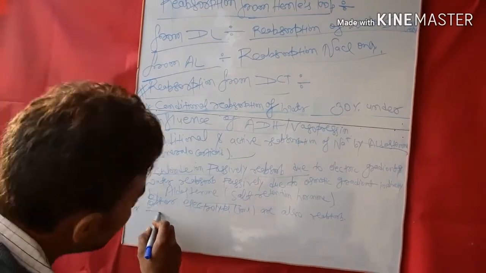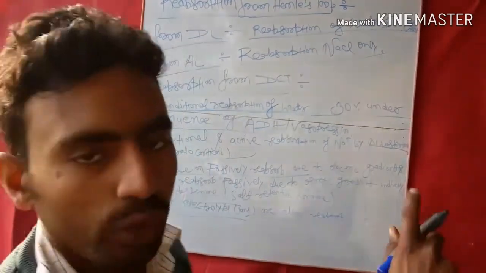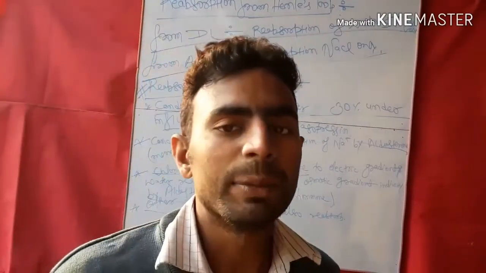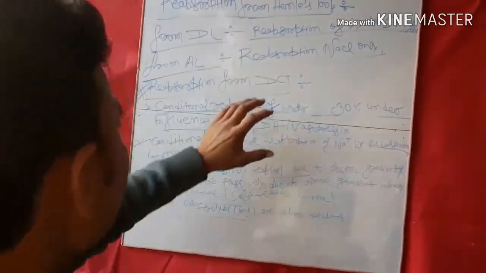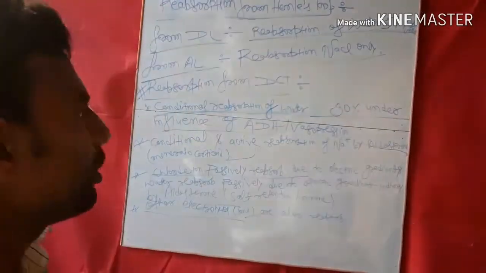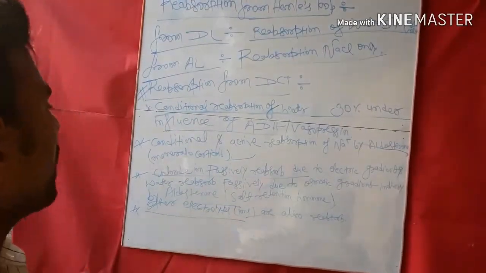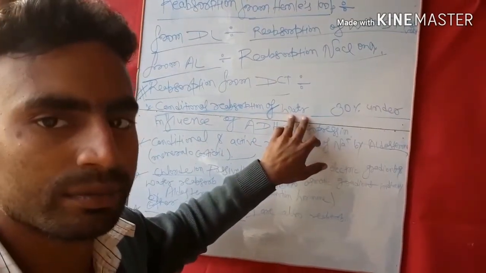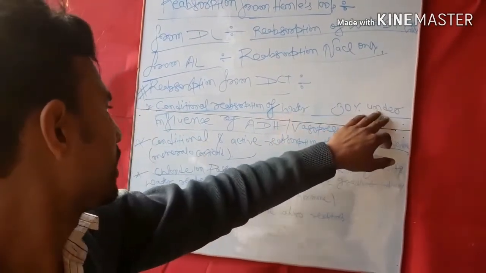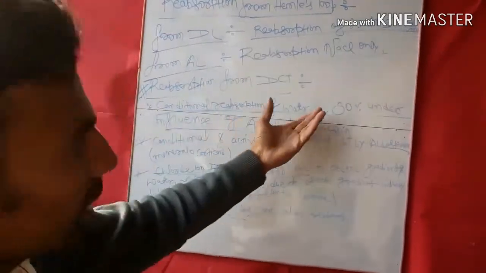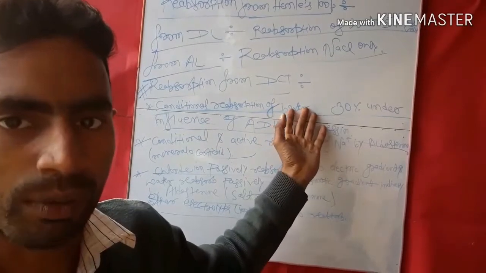Fourth point, other electrolyte ions are also reabsorbed from the distal convoluted tubule. Reabsorption from the distal convoluted tubule is water, 30% under the influence of ADH. This is the conditional reabsorption of water.